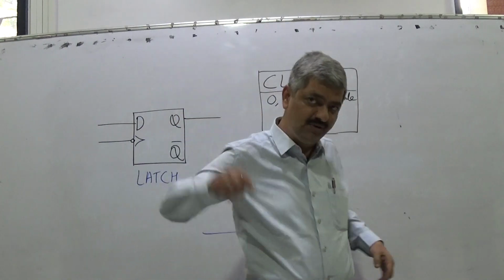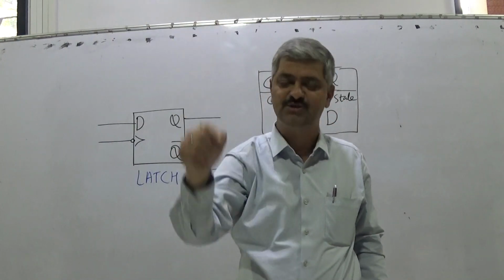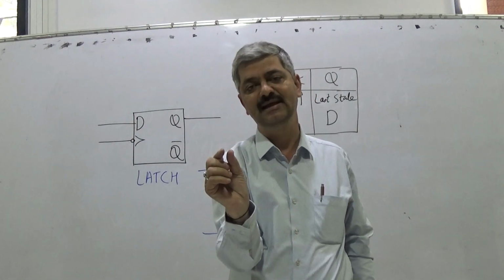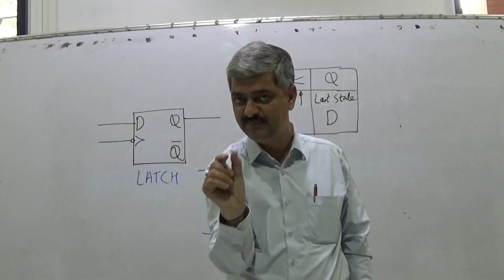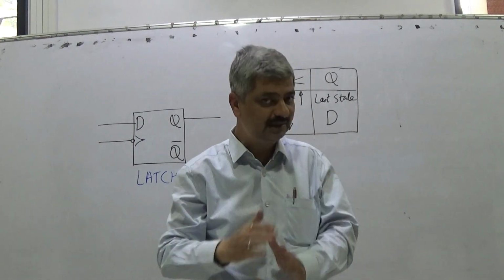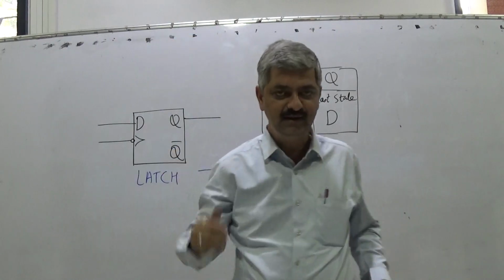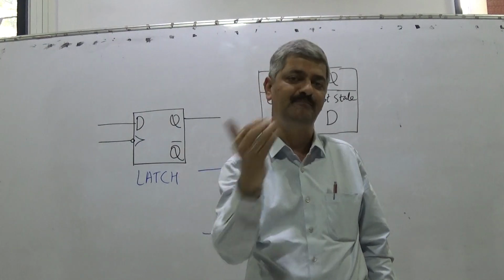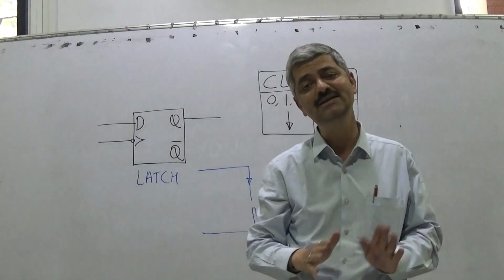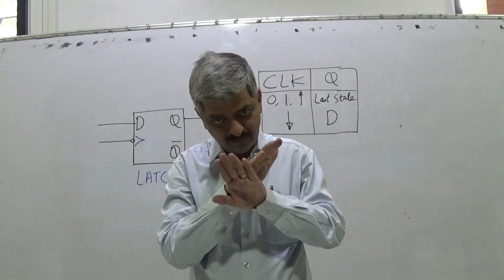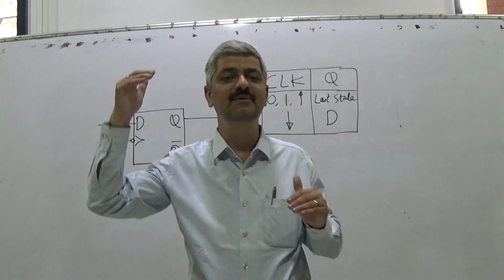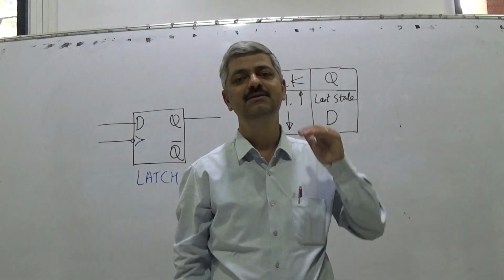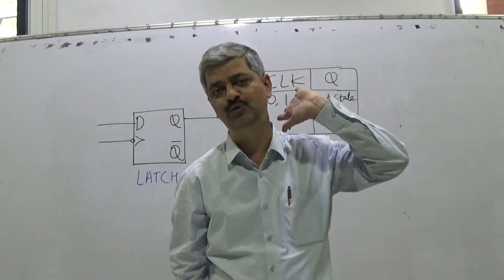Whenever the clock goes down, immediately at the falling edge of the clock, we get a 10 nanosecond period in which the enable input of the internal D flip-flop becomes 1. So whatever is put on D at the time of the falling edge of the clock appears on Q. Once the falling edge is over, whatever is put at D does not affect output Q.